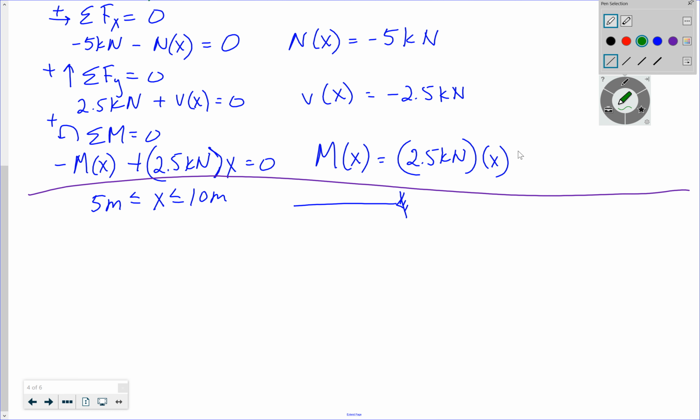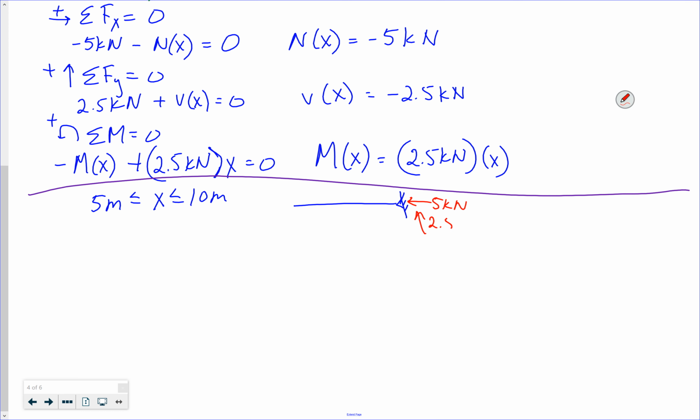It's got 5 kilonewtons acting horizontally, 2.5 kilonewtons acting vertically, and then this 10 kilonewton concentrated force.